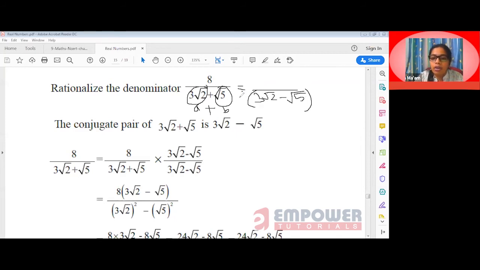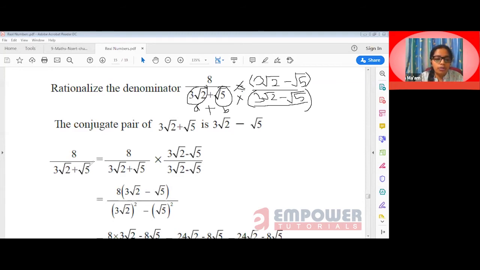Now I cannot multiply it to the denominator only. I need to multiply it to the numerator also. So you have to multiply the conjugate pair to the numerator and the denominator both. You are going to multiply with this number in your numerator and denominator. So this is how you need to find out your conjugate pair.